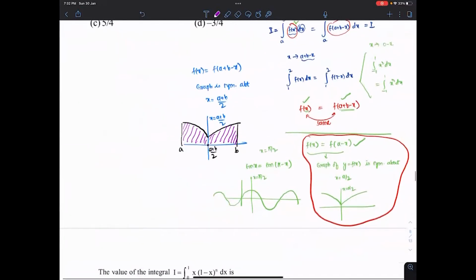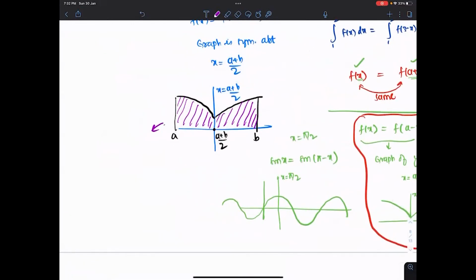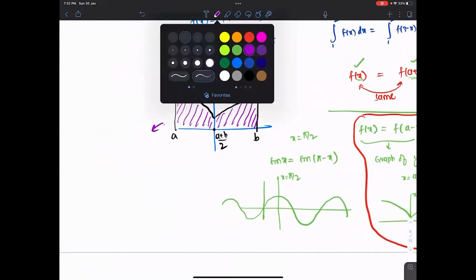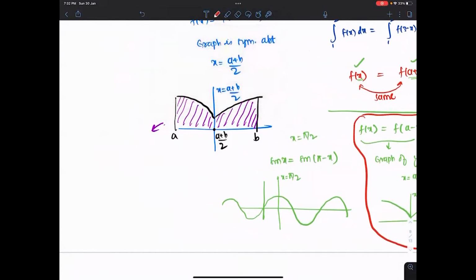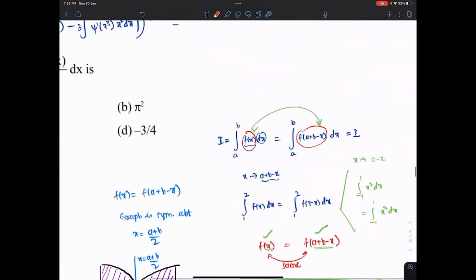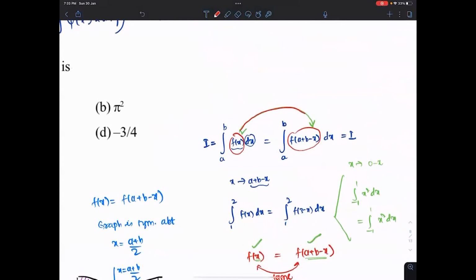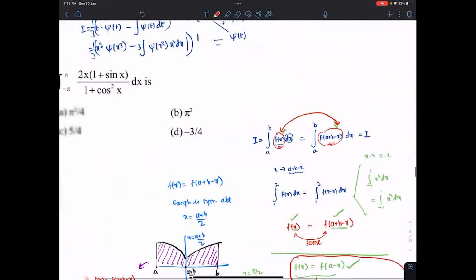Because it is symmetric. So how will you identify if f of x and f of a plus b minus x are the same? By doing this rule, your function is not changing. If by doing this a plus b minus x rule, the inside function is not changing, that means f of x and f of a plus b minus x are the same. That is the meaning.